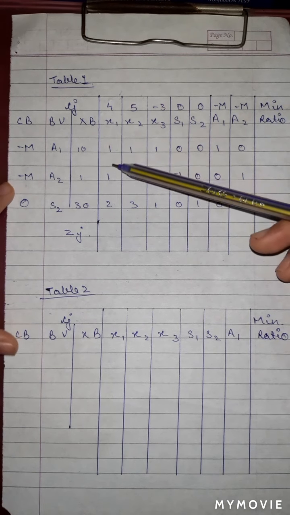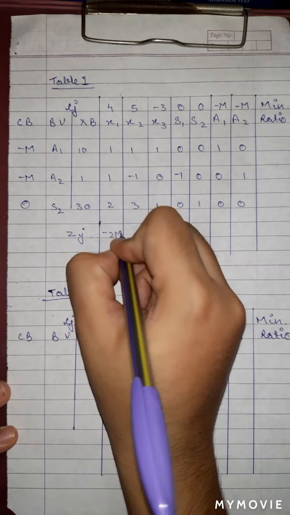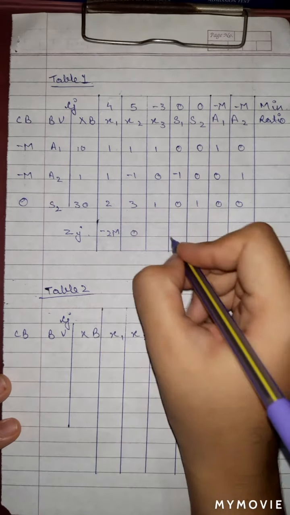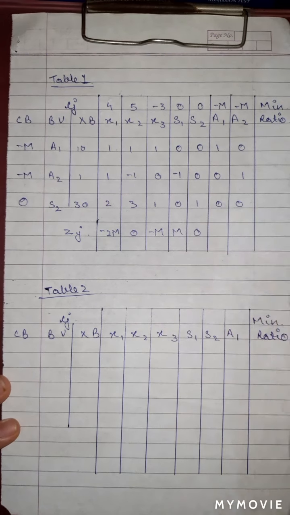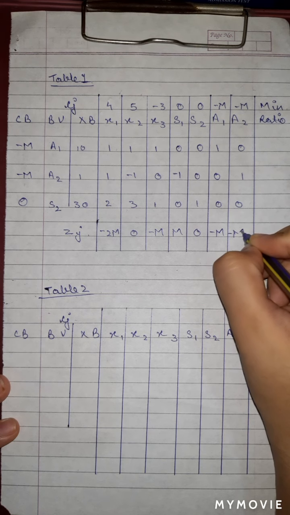So -M and -M gives us -2M. Same we will be doing for the rest of these. So it will be 0, -M, M, 0, M and -M.